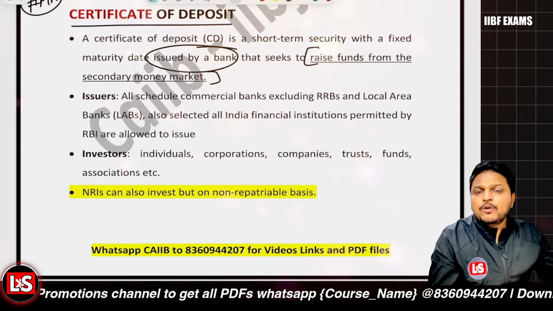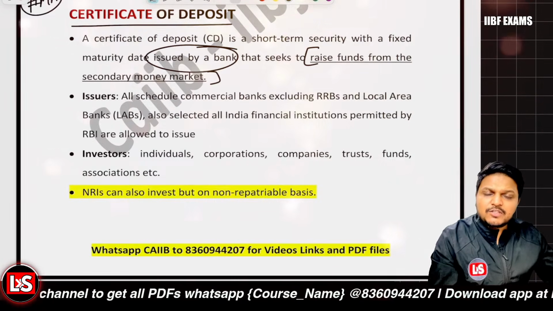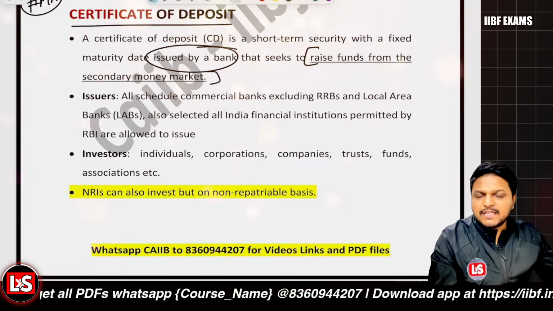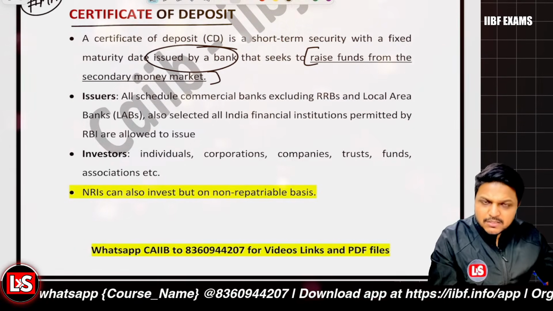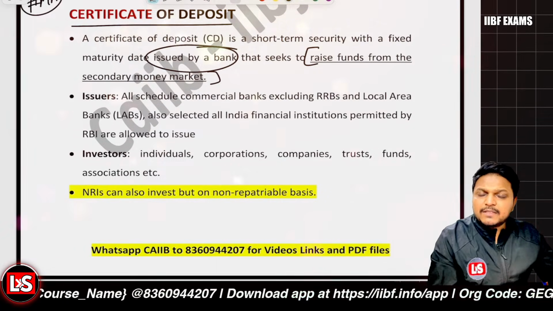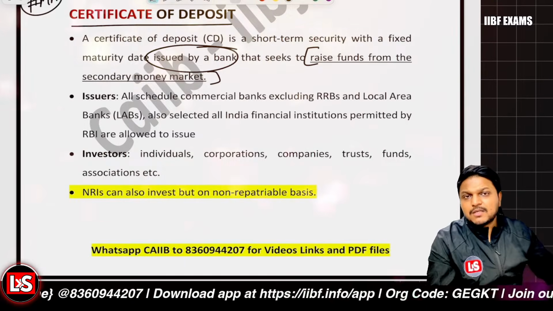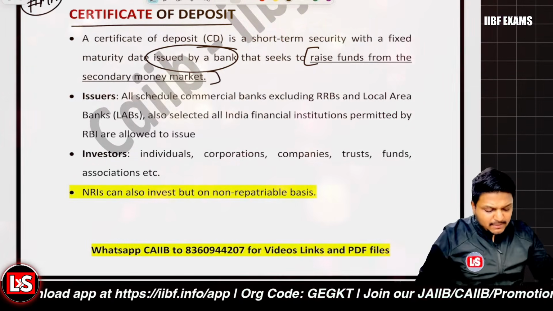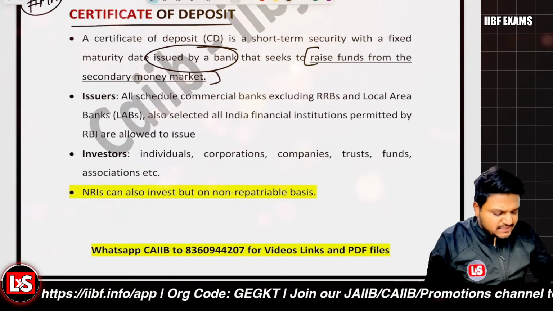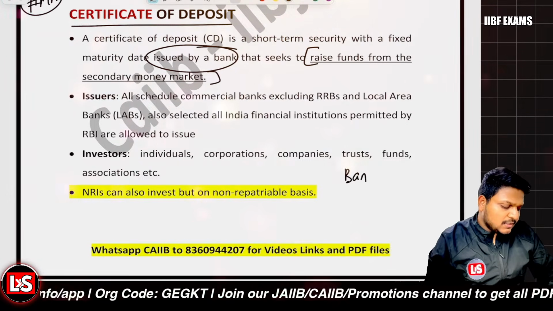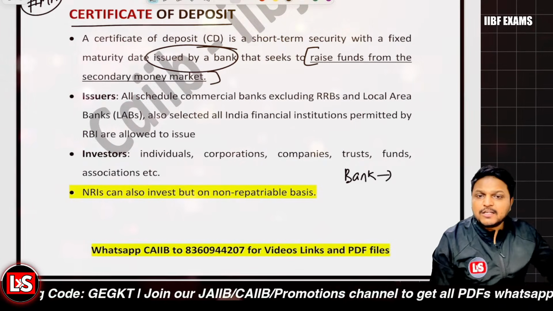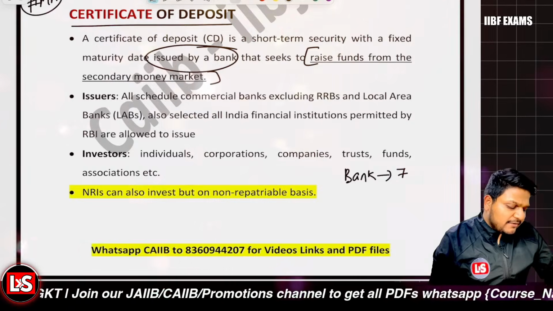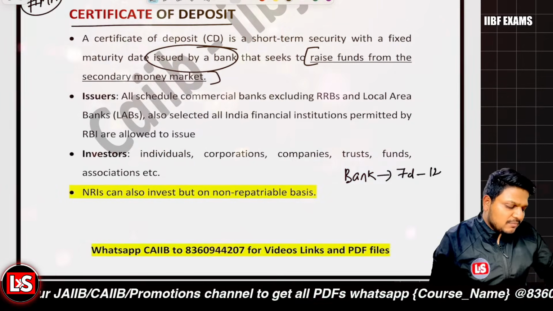So all scheduled commercial banks, except regional rural banks and local area banks, can issue certificates of deposit. Select All India Financial Institutions can also issue certificates of deposit. If the certificates of deposit are issued by the banks, the minimum maturity is 7 days and the maximum is 12 months.